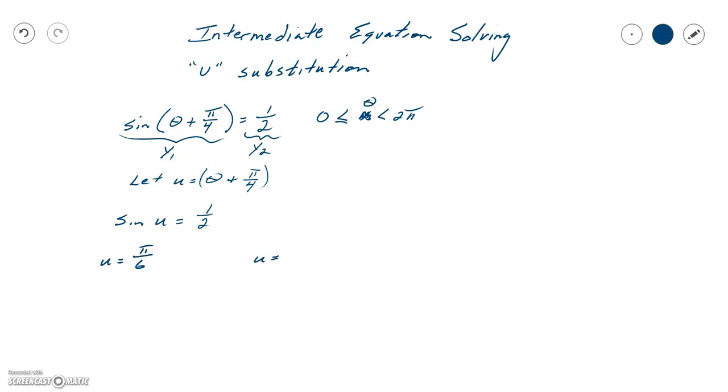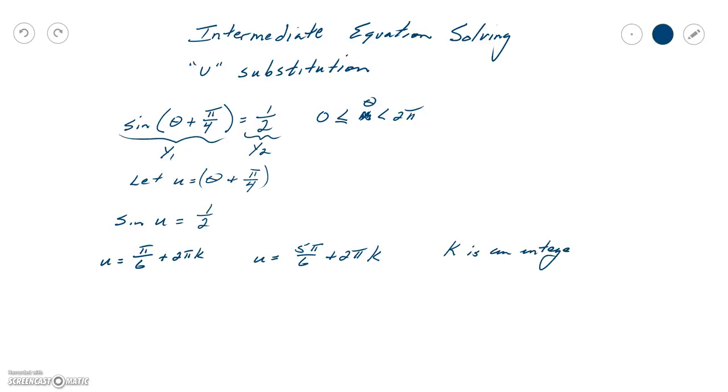That's quadrant 1. Sine is also positive in quadrant 2, so we're going to call that 5 pi over 6. And of course, if we wanted all the solutions, it would be pi over 6 plus 2 pi k, and 5 pi over 6 plus 2 pi k, because this thing keeps wrapping around the unit circle. K is going to be some integer.